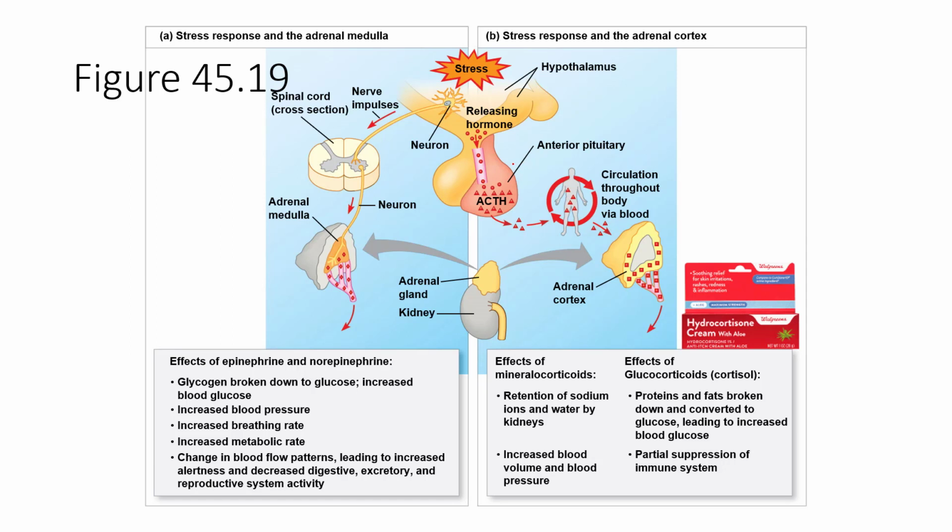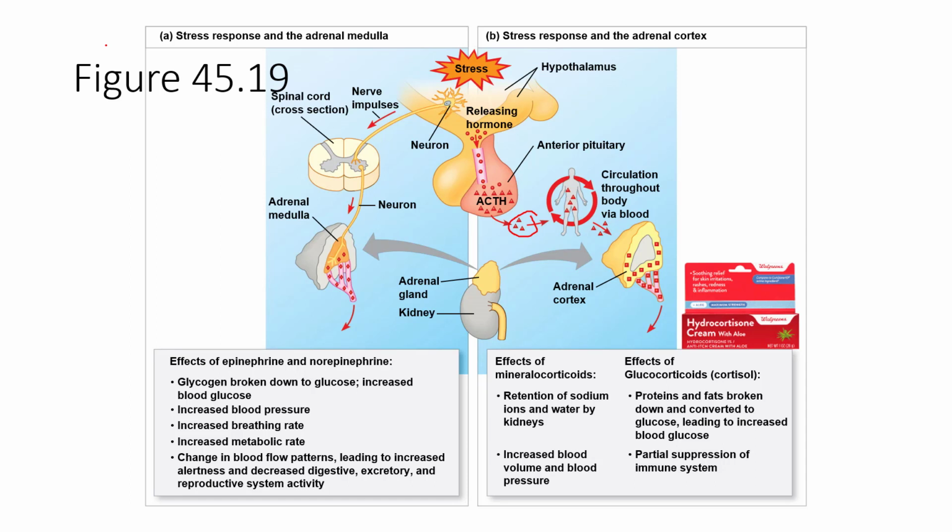Meanwhile, the anterior pituitary is releasing hormones during this stress response, which go into the bloodstream and circulate around, and in this case, they go to the adrenal cortex. So this ACTH, that is adrenal cortex stimulating hormone, essentially. And it's a tropic hormone.